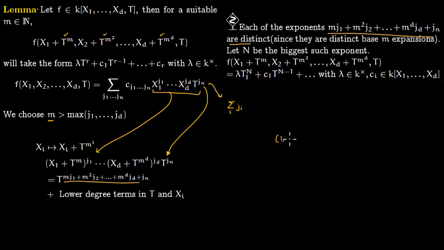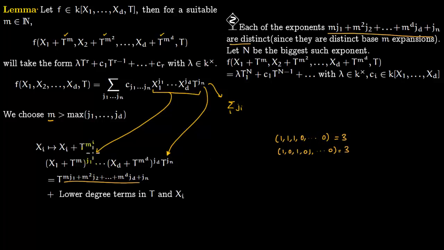So for example, if you have some term like this, 1 1 1 and the rest of the things are 0 0 0, this has degree 3. So say this is j1 all the way to jd, and then forget about jn, but for these three terms you have degree 3, and then you could have 1 0 1 0 1 and the rest of them are 0. This could also have degree 3. So how do we distinguish between these two, because these two elements have the same degree?